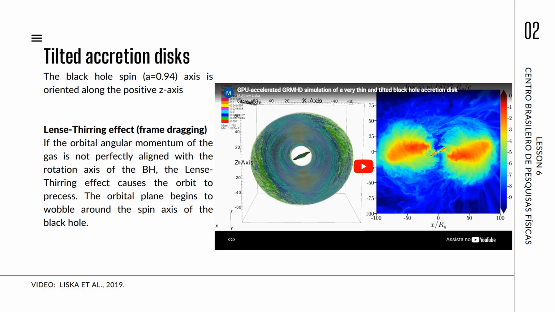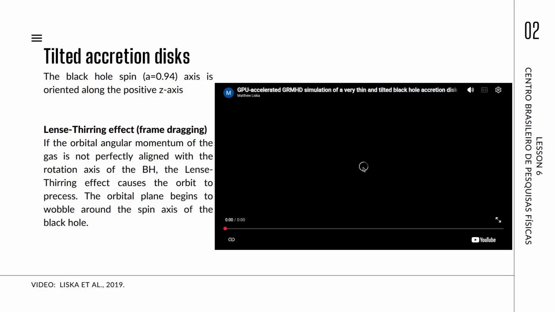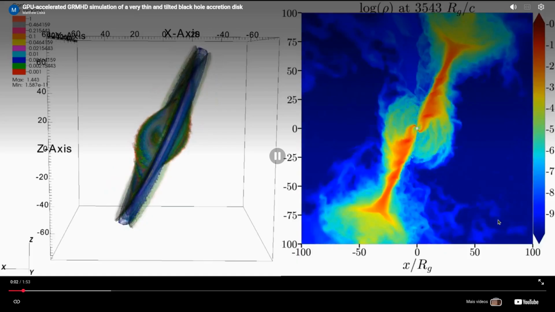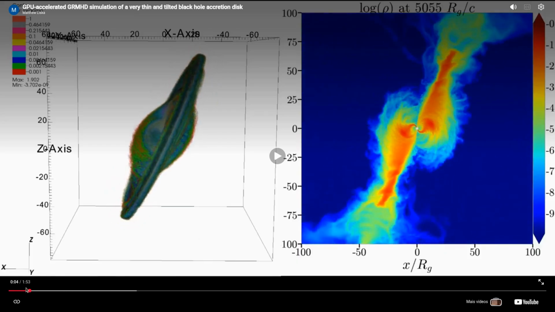Okay, let's take a look at a simulation, because at this point we are not doing equations anymore. Okay, let me stop it here, in the very beginning.